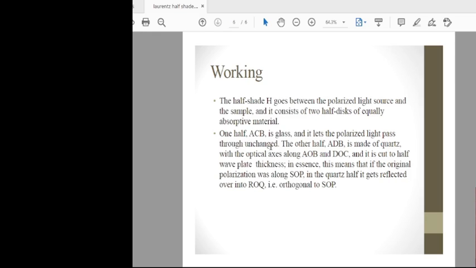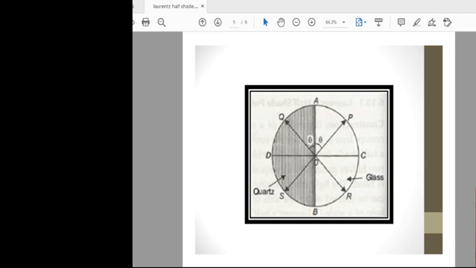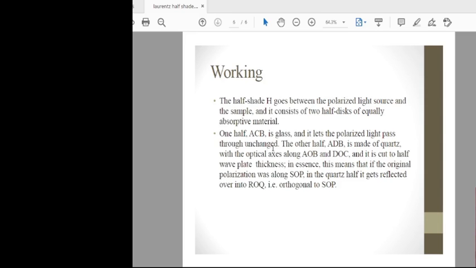One half ACB is a glass, and the other half is a quartz, and the glass lets the polarized light pass through unchanged.